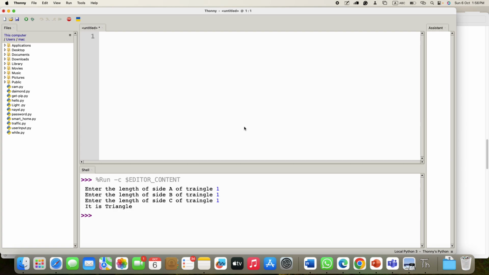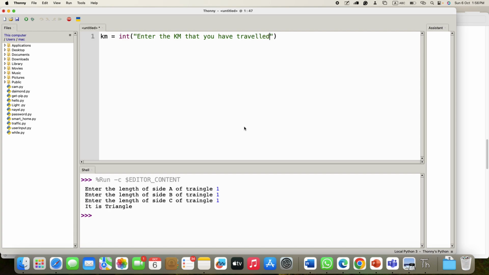Right. So, first you ask the user to enter the kilometers, right? Enter the km that you have traveled.